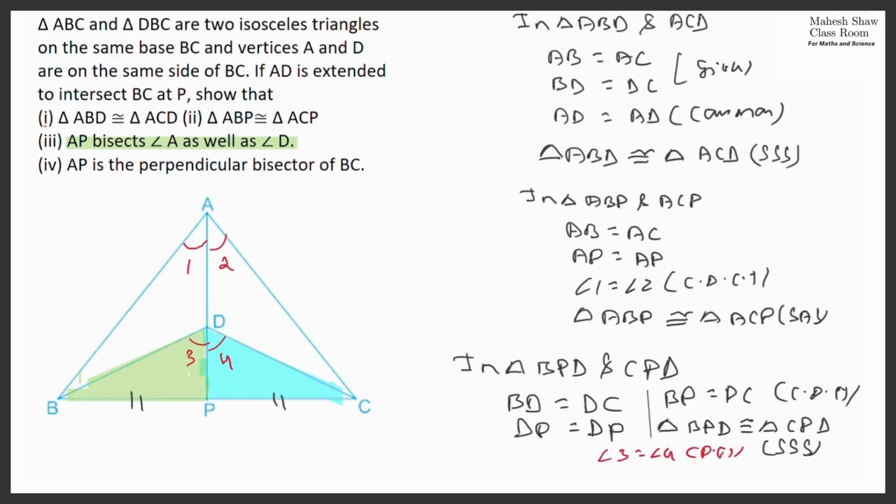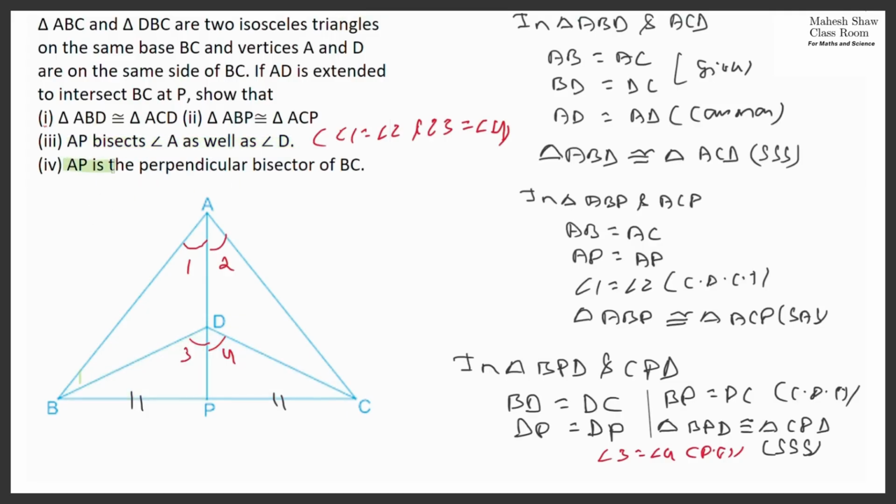So now since angle 1 is equal to angle 2, AP bisects angle A, and when angle 3 is equal to angle 4, it implies AP bisects angle D. So you may write here that since angle 1 is equal to angle 2 and angle 3 is equal to angle 4, therefore AP bisects angle A as well as angle D.